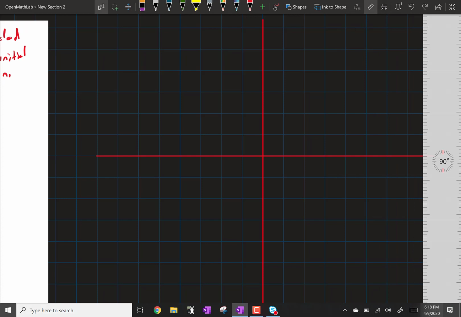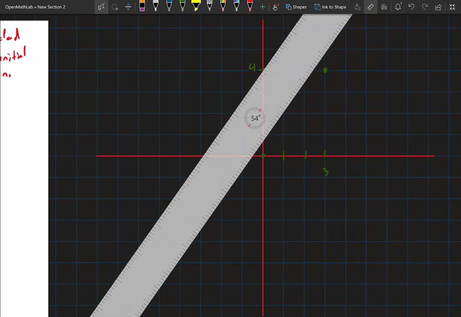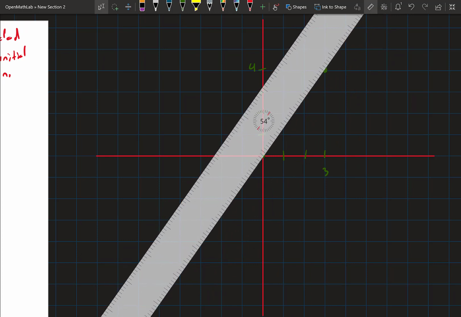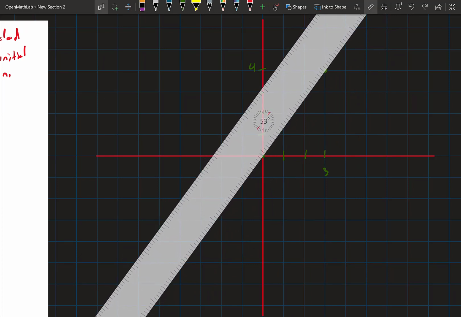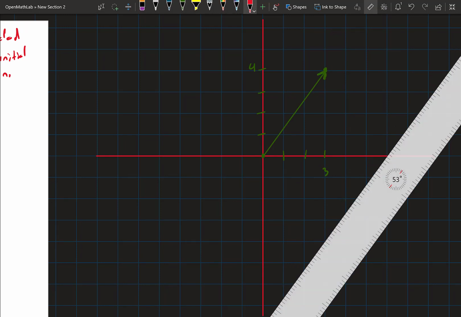Vector v starts at the origin and ends at the point 3, 4. Let me just line this up. So that is vector v.